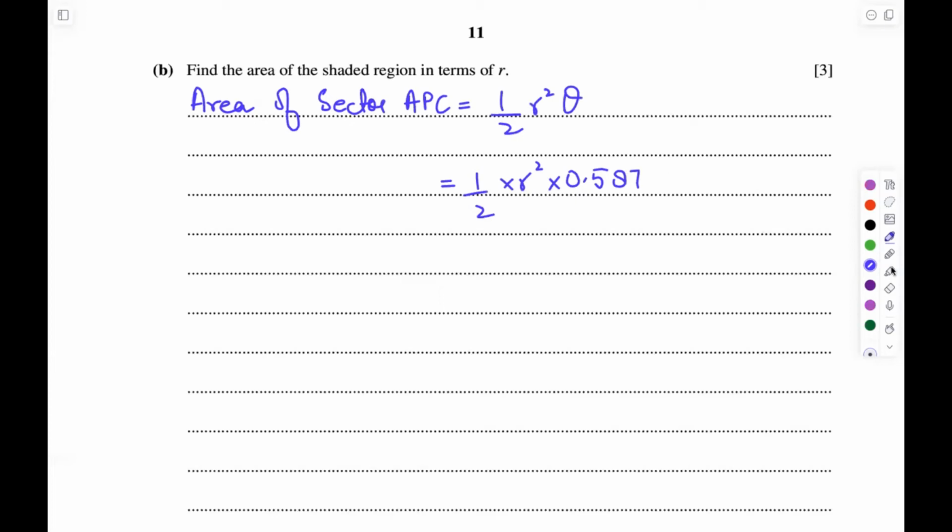So 0.5857 divided by 2, dividing 0.5857 by 2, the answer will be 0.29285. So this will be 0.29285 r squared.